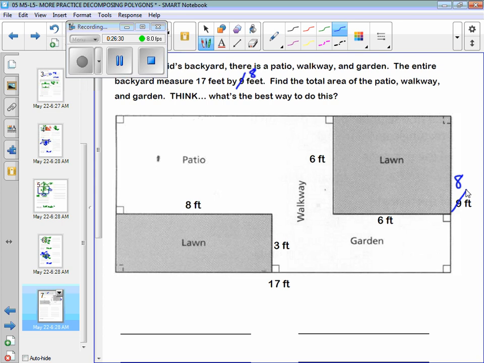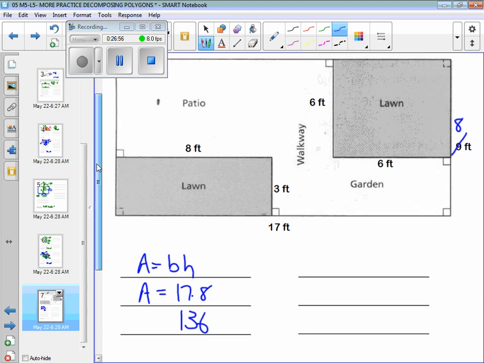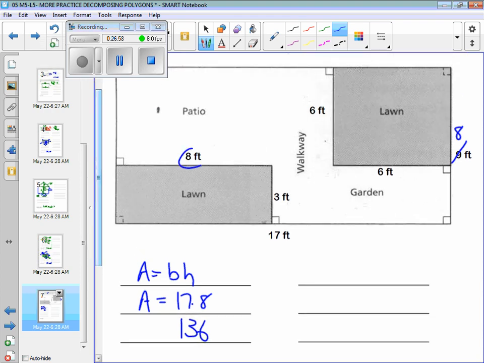So this is using composition. I'm going to find the area of the entire yard, the entire rectangle first. So that's base times height. 17 times 8. And when you do 17 times 8, you get 136. That's the whole yard, but now I'm going to subtract my lawn and my other lawn, my two lawns. So I'm going to do 8 and 3.